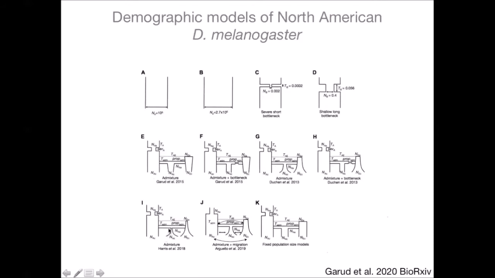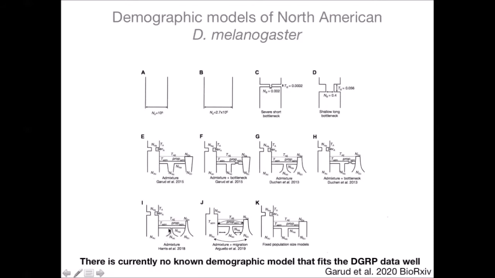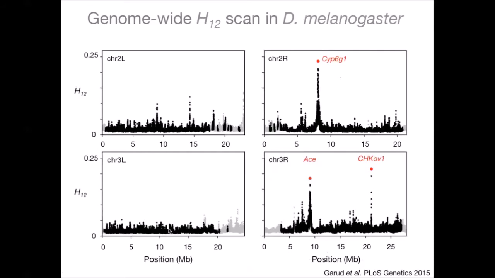And what we found is that none of these demographic models actually fit the data especially well in regards to LD, short and long range LD, and SFS statistics, including pi and S. But there are some models that fit the data much better than others. And when we consider those models, we find that actually they cannot generate these outlier peaks.